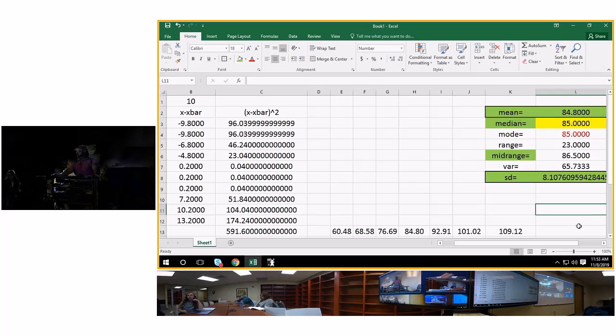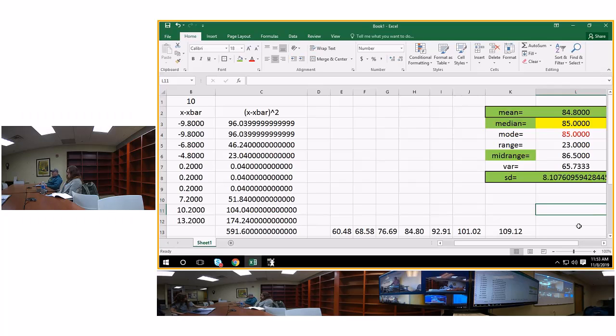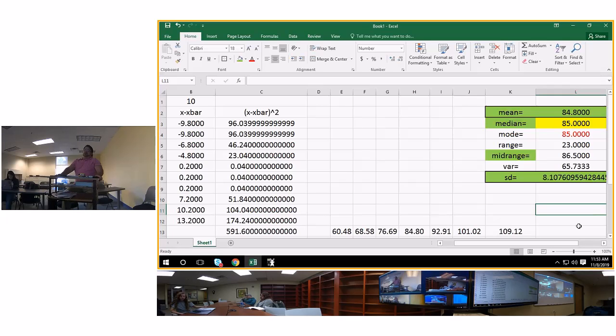So draw your curve. And I want you to highlight what's normal. And I want you to highlight another color for unusual. And then I want you to highlight another color for the outlier.